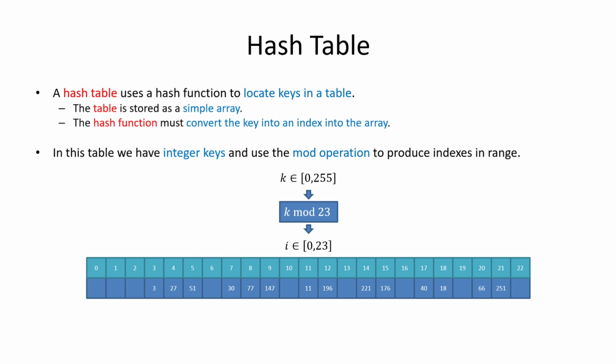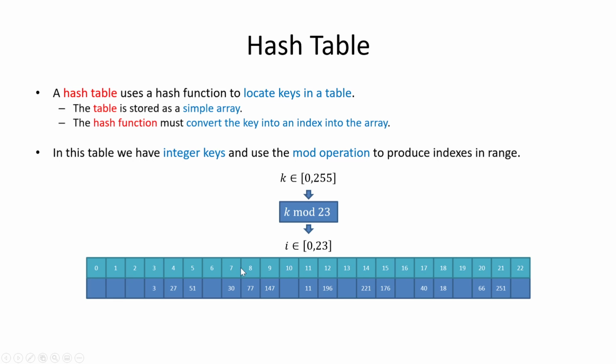But if they're not integers, we'll see in a second how we might want to deal with it. There are a few clever ways to deal with that. But for now, let's assume they're integers. And actually, I'm going to assume my integers are in the range from 0 to 255. So I've got keys in this range, and this is the hash table that I've created.